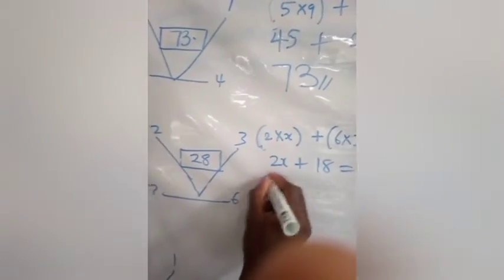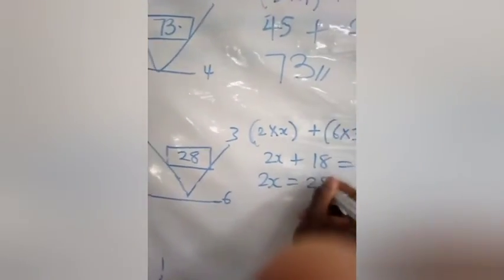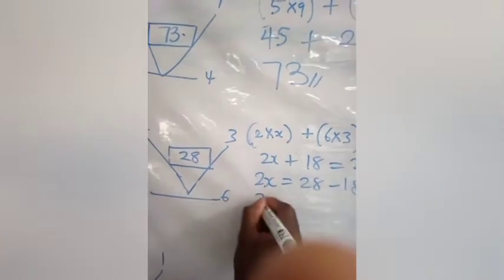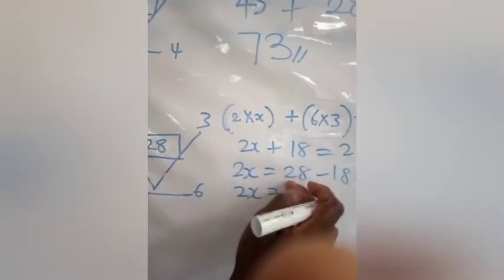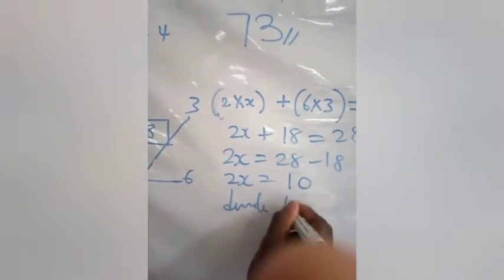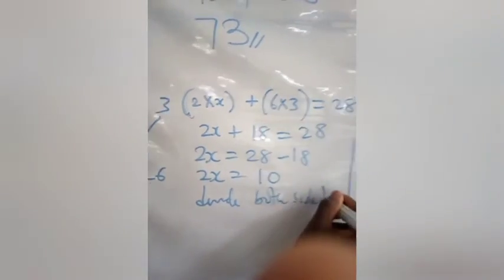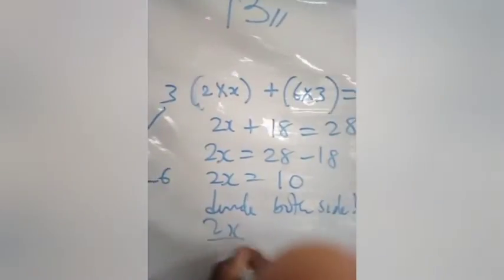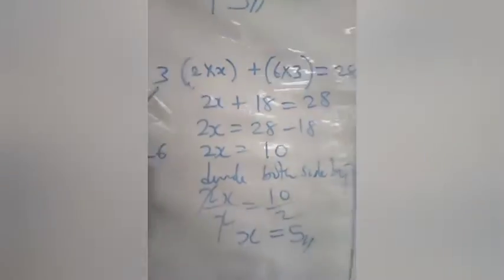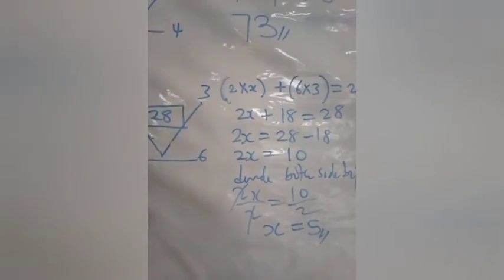So we have 2x equal to 28 minus 18. This plus 18 crosses over, turns to minus. So we have 2x equal to 28 minus 18 gives us 10. So all we need to do is divide both sides by 2. So we have 2x divided by 2 gives us 10 divided by 2. 2 crosses this, we have x equal to 5. Hence, our answer becomes 5.